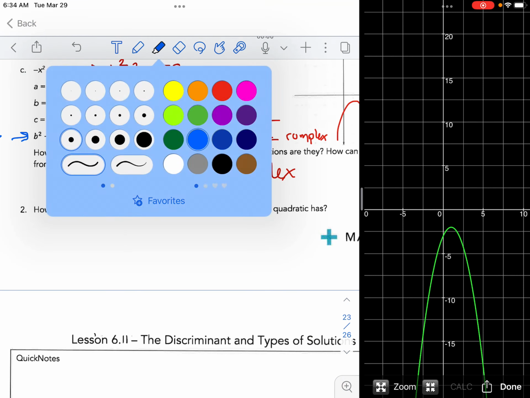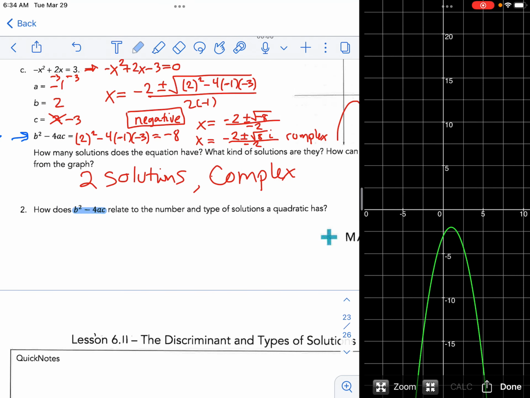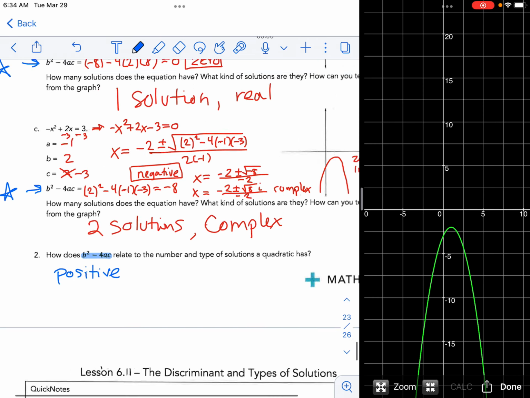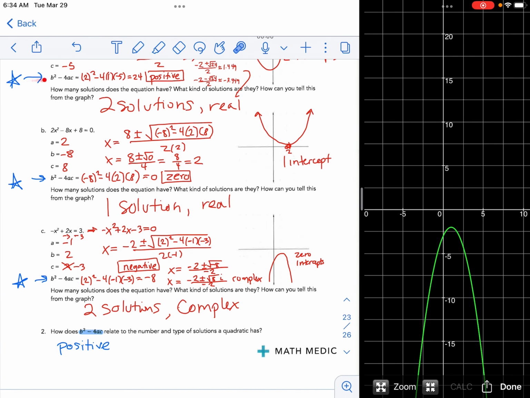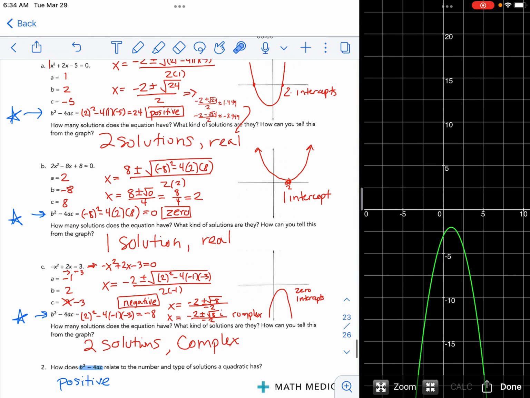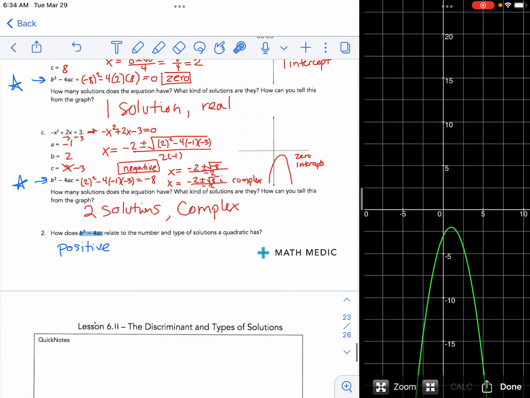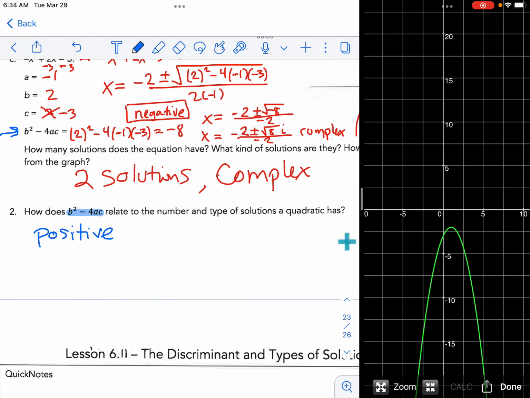So this discriminant here, if that discriminant is positive, like the first example up here, we get a positive discriminant. It doesn't have to be a perfect square. We know we're going to get 2 real solutions. So we're going to have 2 solutions, and they're going to be real numbers.